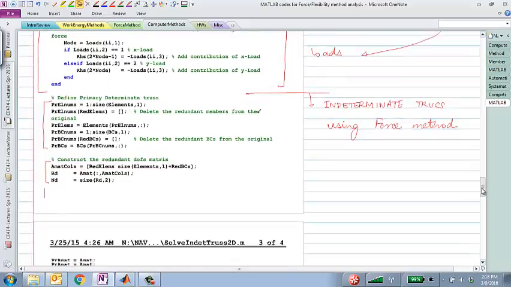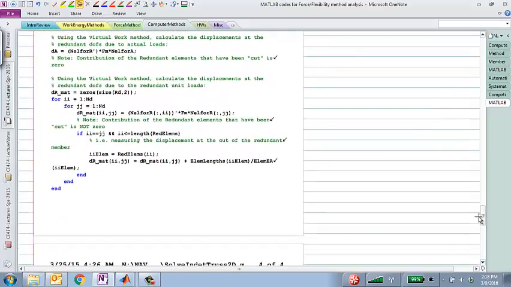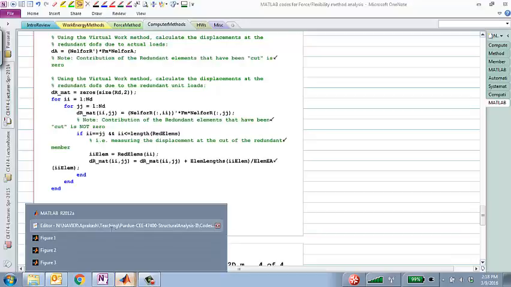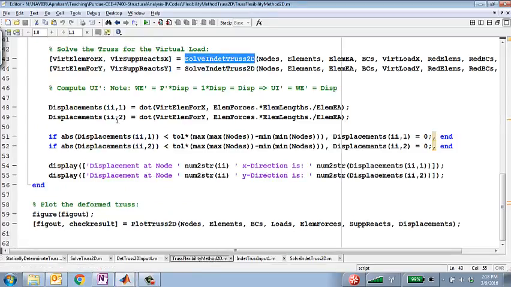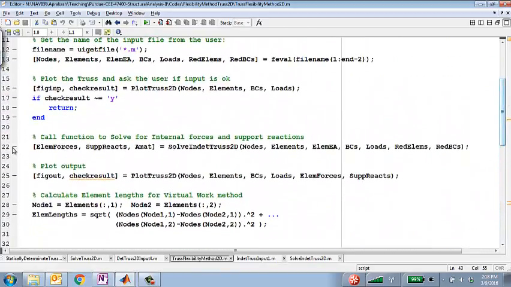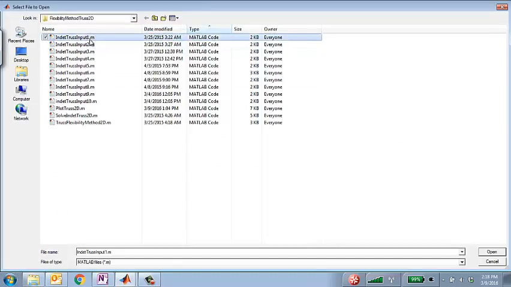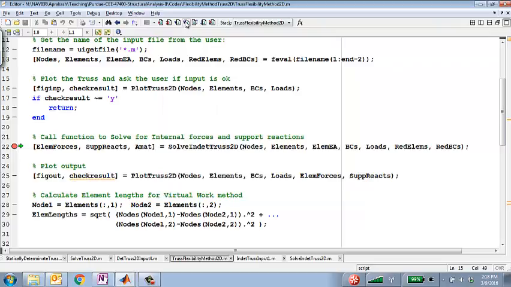And maybe what I'll do is actually run through this and show you how it works rather than go through it one thing at a time. So once again, I'll put a breakpoint at this line for the call for the solve indeterminate truss. Choose that input file. Input is OK, and therefore I want to go into that.